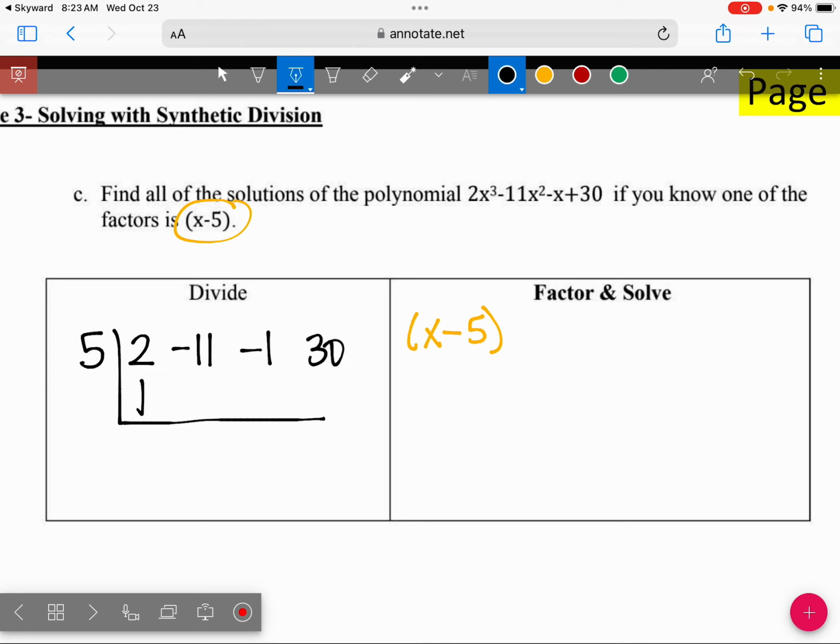Good. Go ahead, bring down the 2, multiply and add all the way through, see if you get a 0. If you end with a 0, you did it right. So take the 2 times 5, put that under negative 11, add.